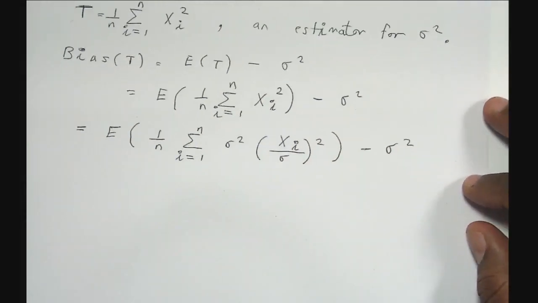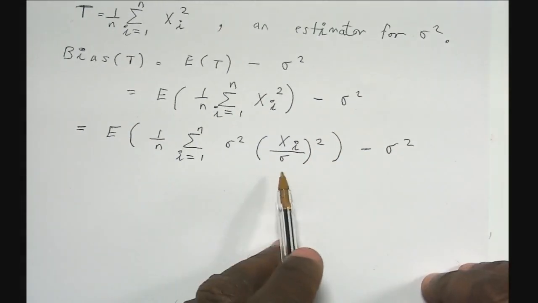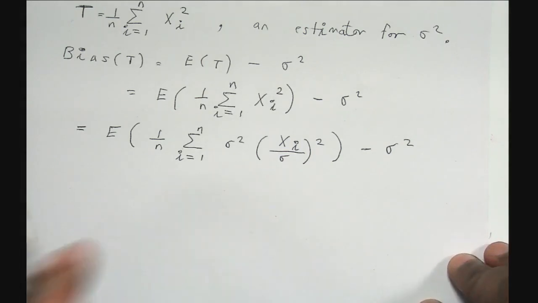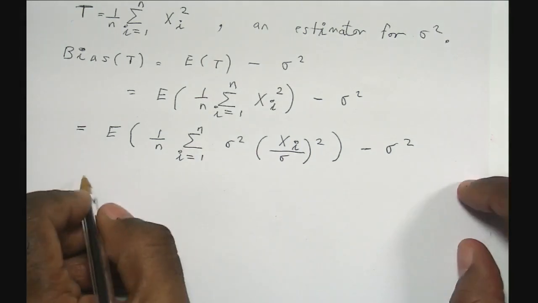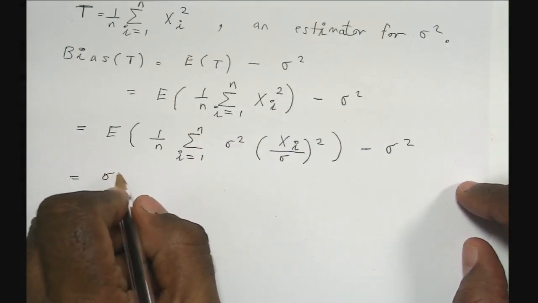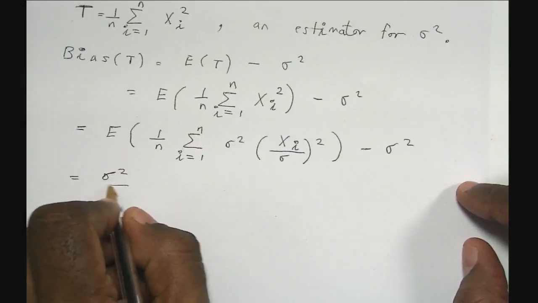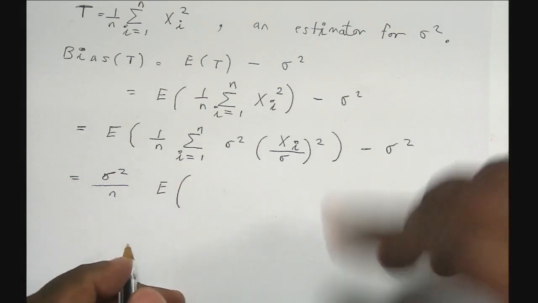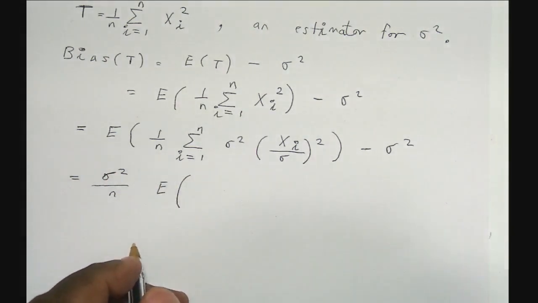You see what I've done here, guys. I have divided by sigma squared and multiplied by sigma squared, and you'll see why I'm doing this in a minute. Now let me pull this outside so it becomes this. This is different from how I did it in the solutions.